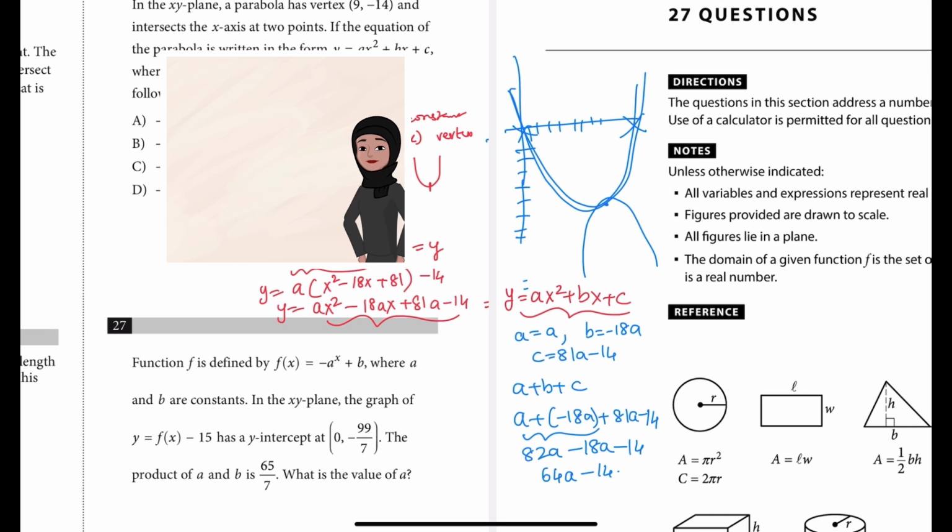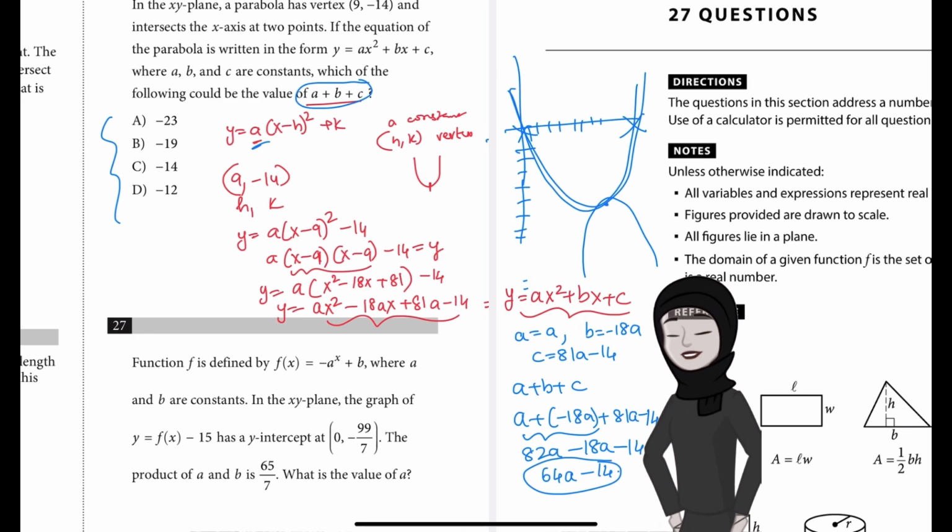That means a has to be positive, then only the parabola will open upwards. So what should we do? Since the question is asking for the value of a + b + c, and we know that in terms of a, it is 64a − 14, we have to plug in all these 4 values and check when you will have a positive a.